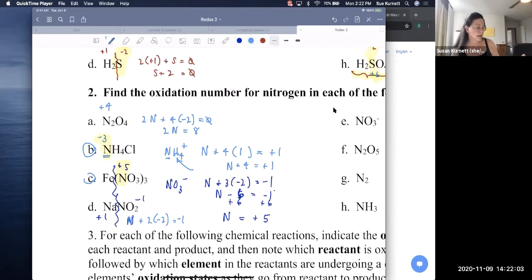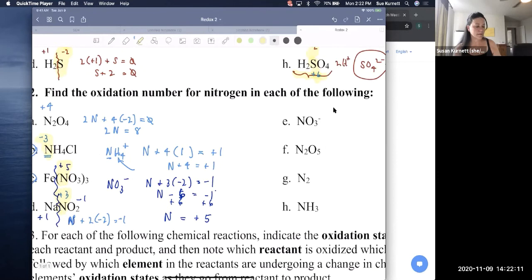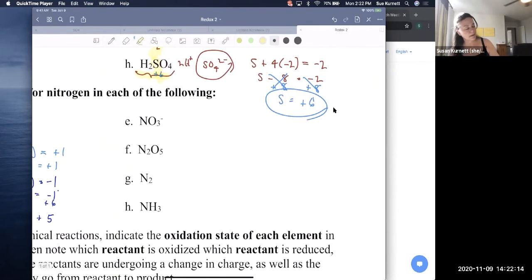So nitrogen - 4 equals -1. Add 4 to both sides, it's +3. Okay, we just figured nitrate in the last problem.